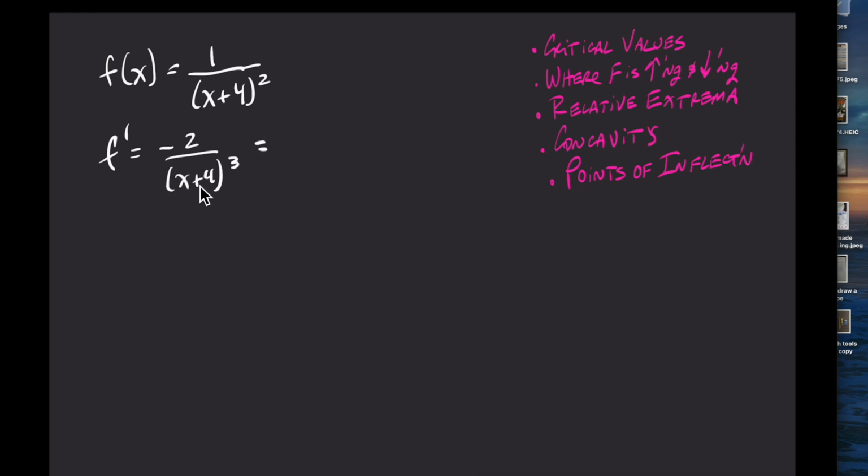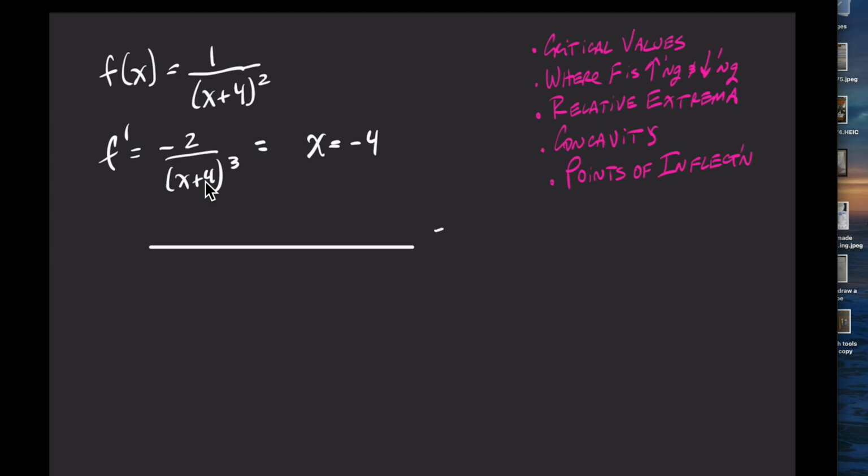There are no values of x to make that 0 because we have a constant in the numerator. But if we're asked to find where f prime is undefined, we would say that it is undefined at x equals -4. Then we would dutifully perform our sign analysis on the first derivative.